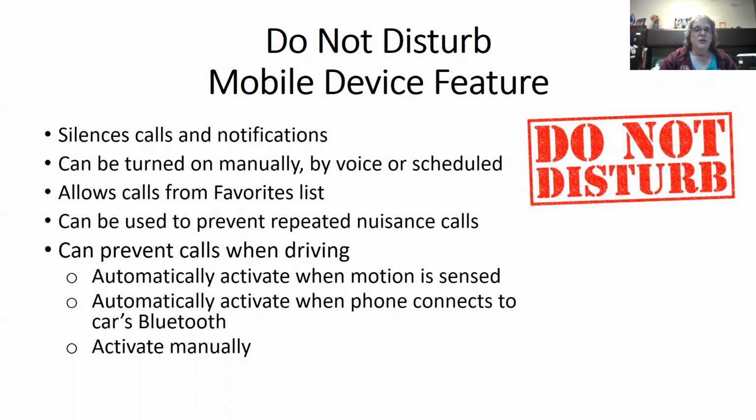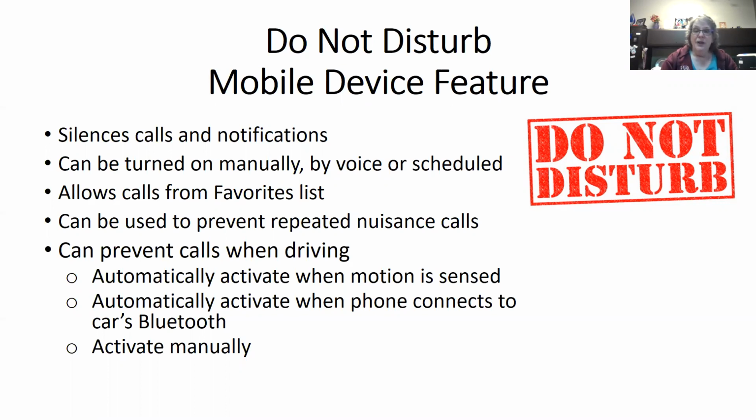And it can also be used if you tend to be distracted when you're driving. And I actually set my phone up so that when I enter the car, I have one of those cars that connects to my phone automatically. As soon as I enter the car, it puts the Do Not Disturb on my phone. It activates it.